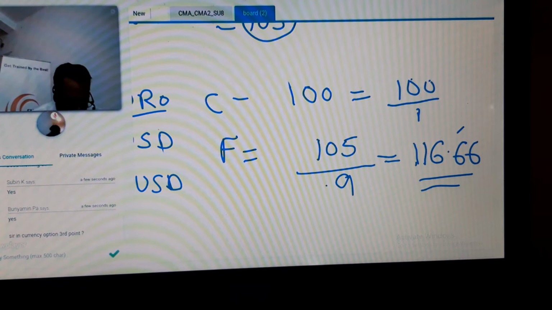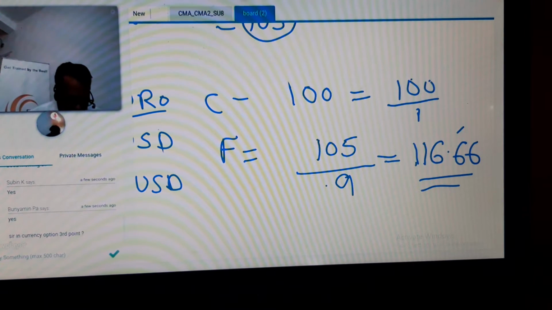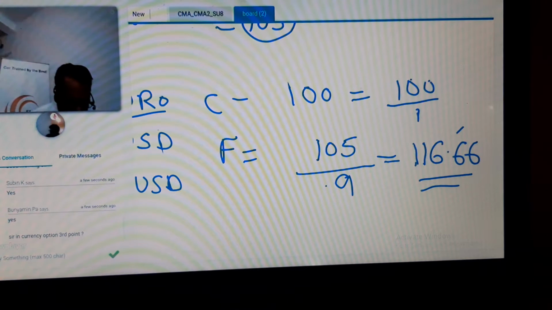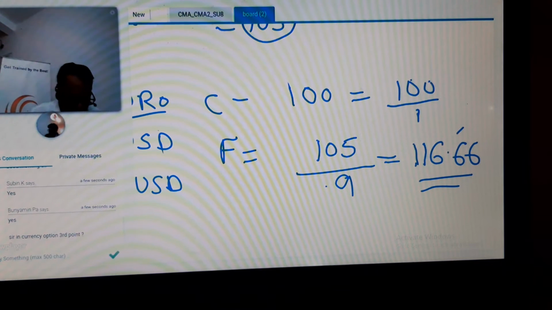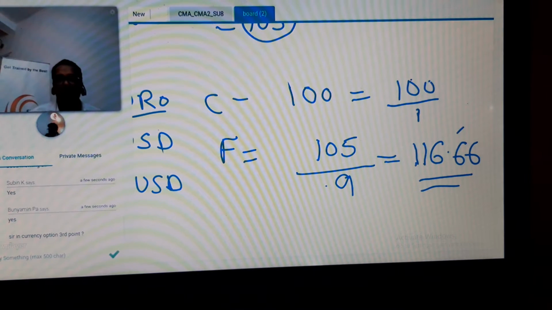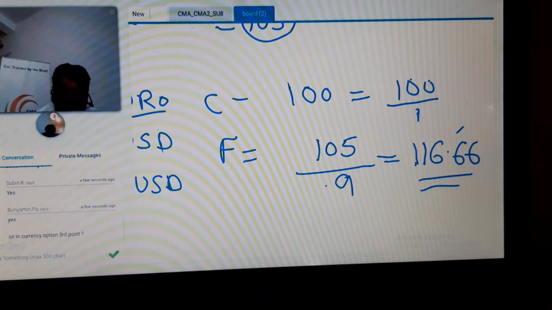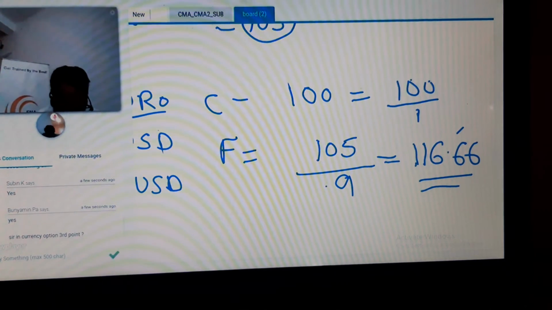Question number 23. Which of the following statements support the conclusion that US dollar has gained purchasing power against Japanese yen? The inflation has been higher in the US than in Japan.